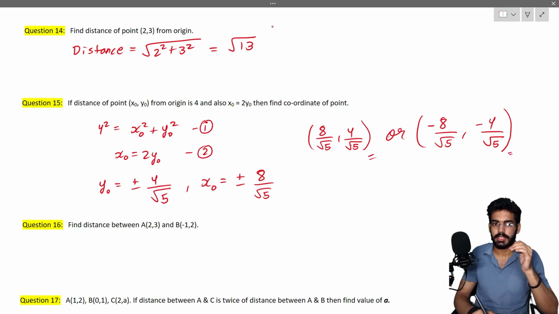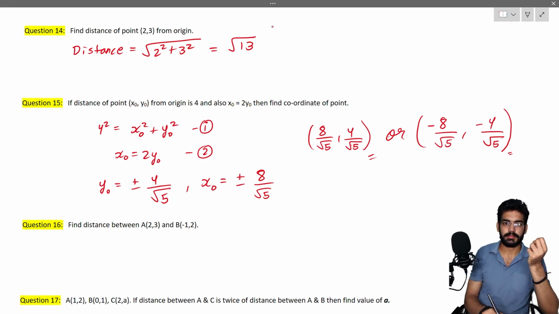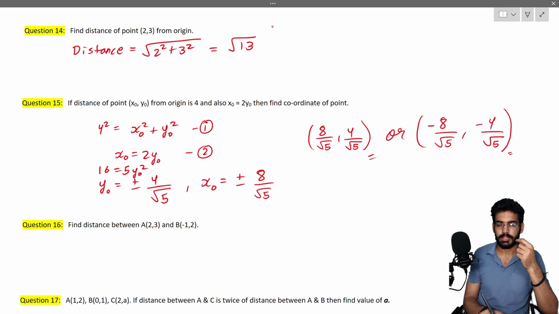If you are ignoring any answer, you should have a proper reason for ignoring that. Here we have 16 is equal to 5 y naught squared. When you take the under root on both sides, always remember it will come plus minus. So if you take the plus sign, you should have a reason to ignore the minus sign also.